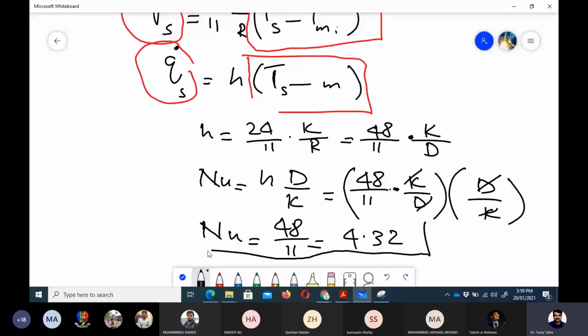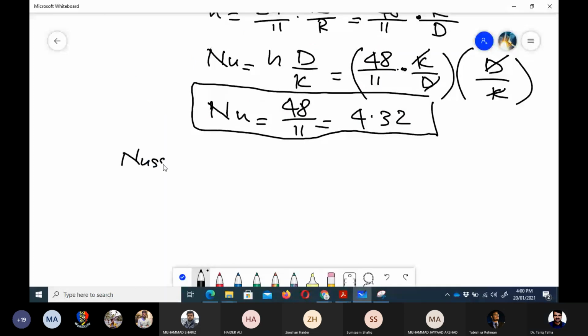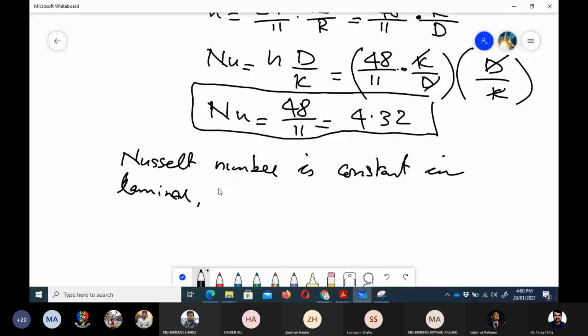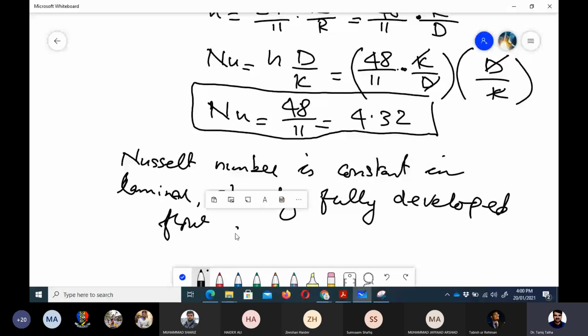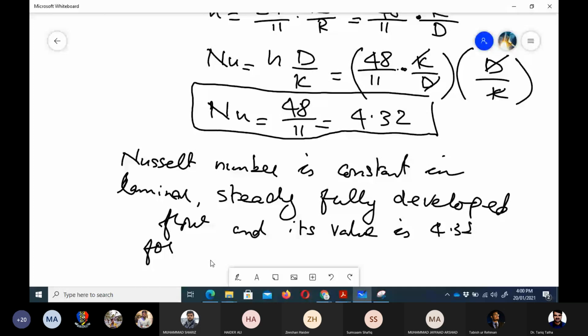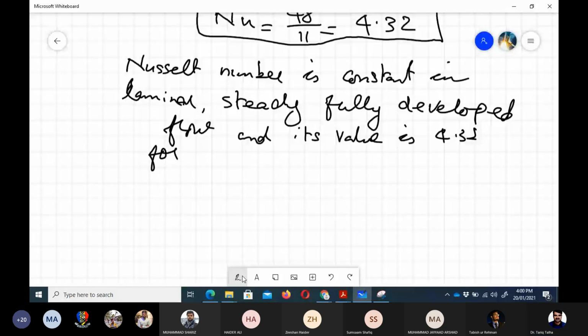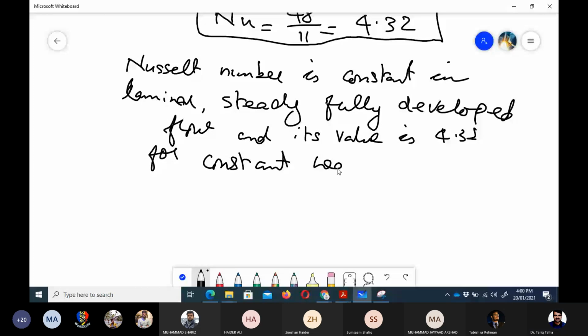So it means that the Nusselt number is constant in laminar steady fully developed flow, and its value is 4.32 for the constant heat flux boundary condition.